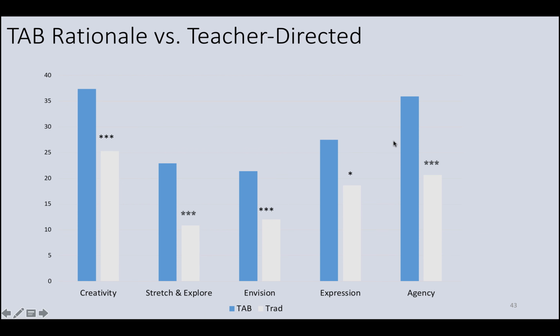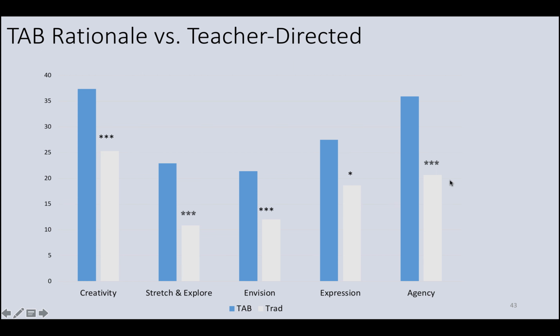So you'll see we've got asterisks all over the place. That's good. One asterisk means that we have a significance at the p less than 0.05 level. That is kind of the standard p level. If you don't know what I'm talking about, that's fine. But this is a standard statistical difference. We see that TAB kids give expression as a response for why art is important more than non-TAB kids.